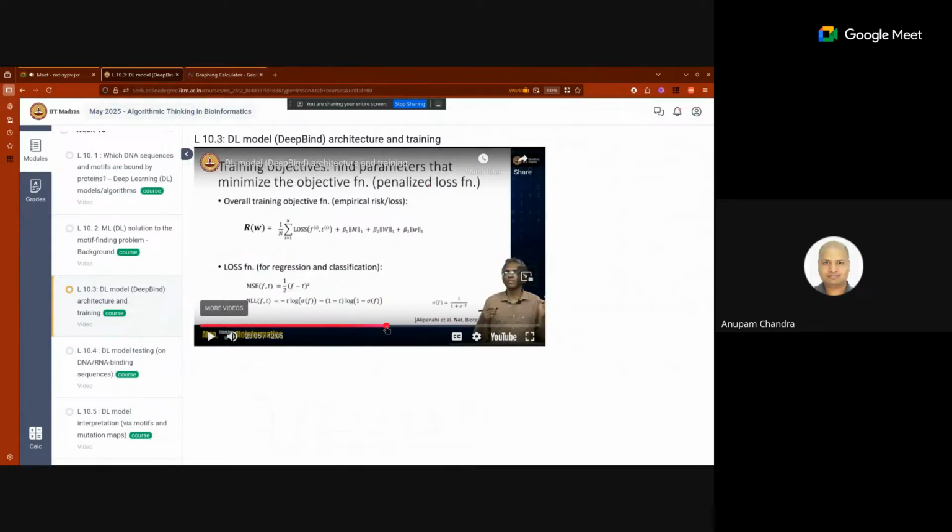Now, let's see. This is about the loss function. So there are two tasks, regression and classification. So we just use the MSE, and then negative log likelihood, which is the cross entropy, as the loss function. And then they are also using ridge regression, or what you call L2 regularization.